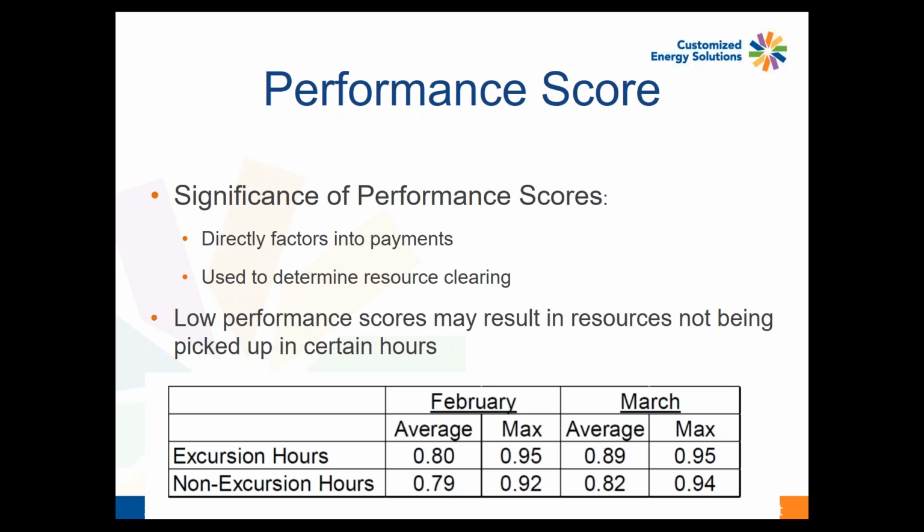And so what that can mean is if a particular ISO has basically more storage than the caps allow for a given hour, you can have resources that have relatively high performance scores yet are not being picked up, meaning they're sitting there idle and not earning revenue for those hours. So it's becoming more and more critical to ensure the facilities have as high a performance score as possible.